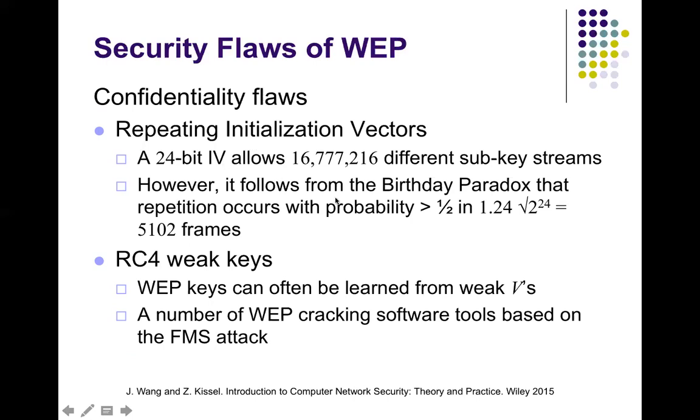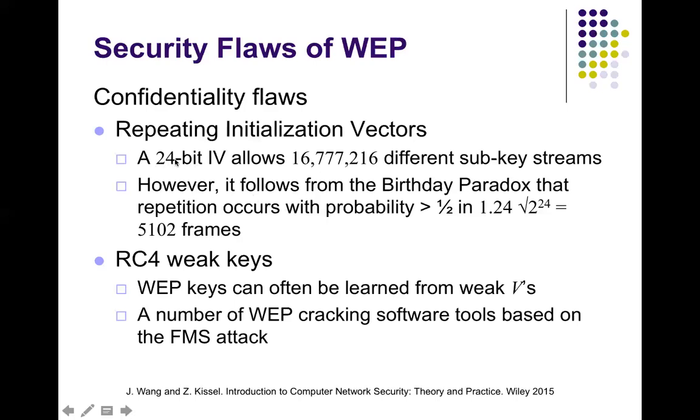Then you can use this initial vector to decrypt. When the initial vector appears, you already have the same sets of subkeys K1 up to K sub L. And then you can use that to decrypt that particular frame, okay?